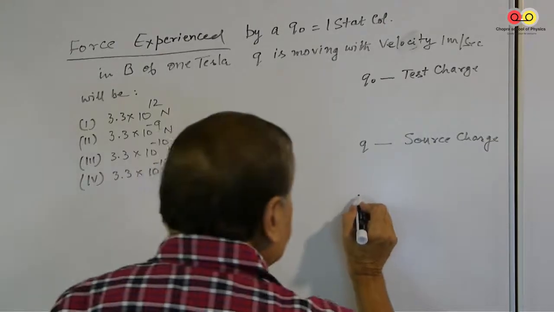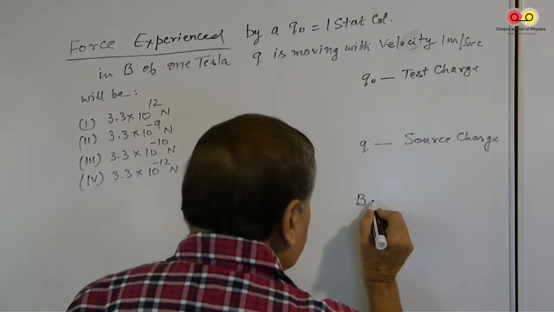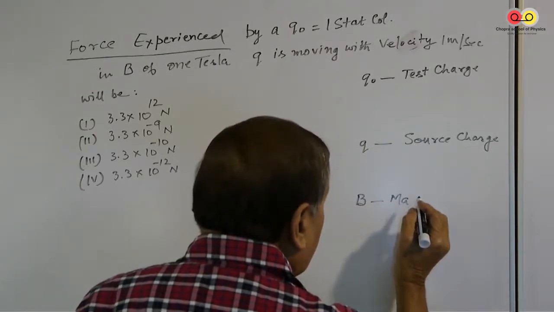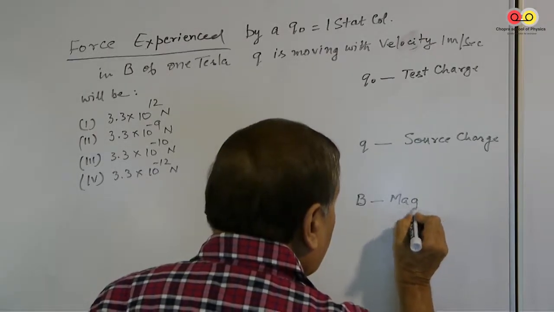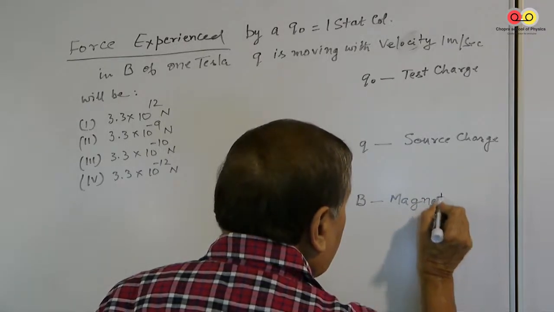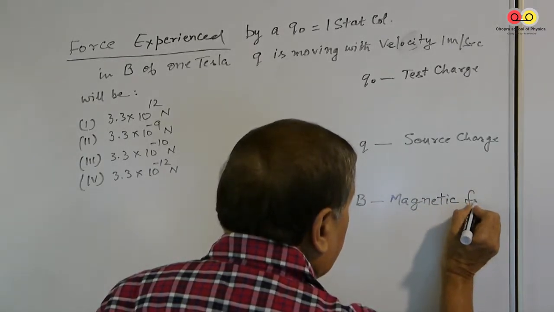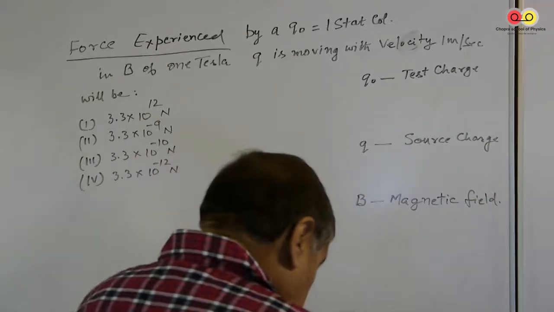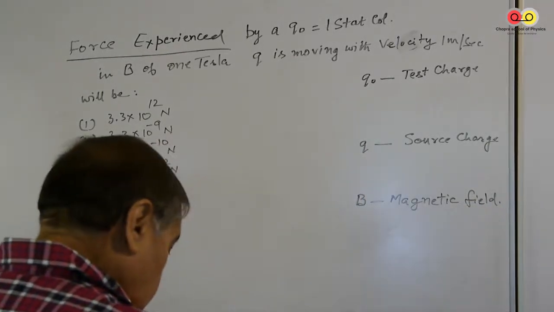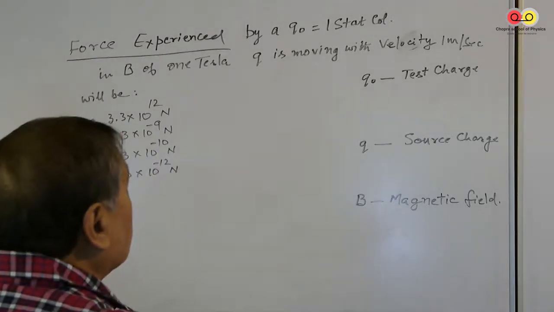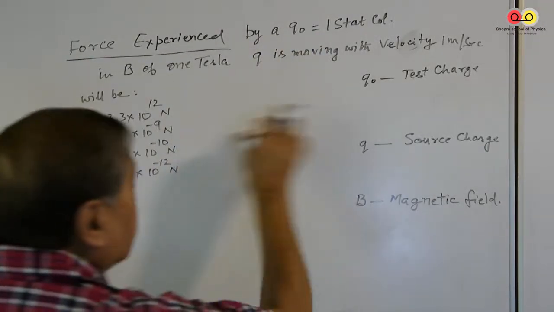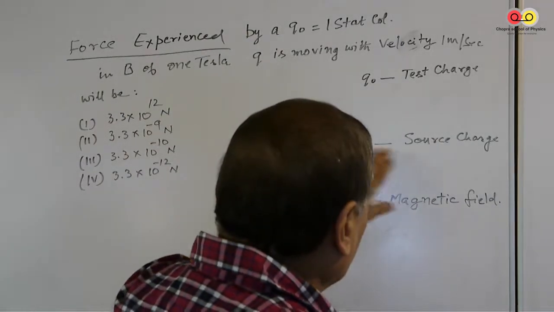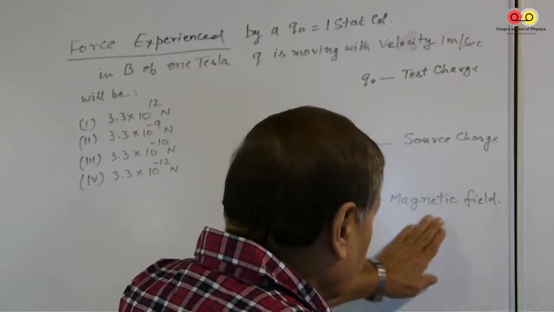And when we write B, this is called magnetic field. So these are the symbols we are using here: Q naught, test charge; Q, source charge; B, magnetic field.